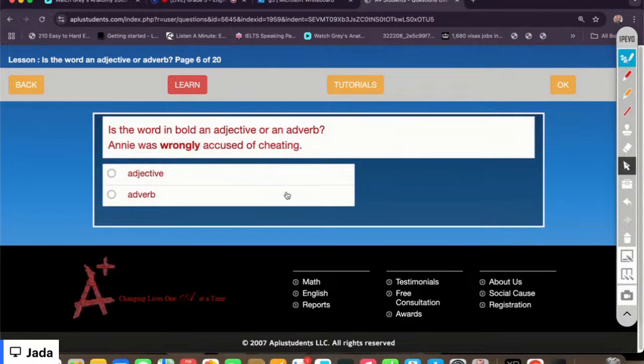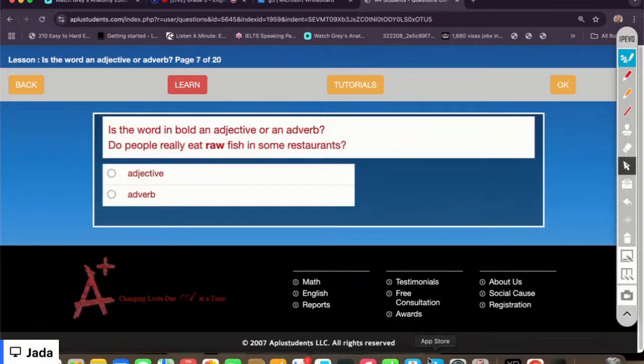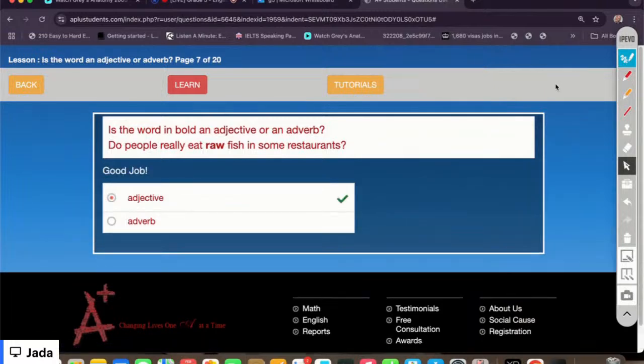Okay, so an adverb. Okay. So do you really eat raw fish in some restaurants? So that would be what? Raw fish in some restaurants. So that's an adjective, raw.